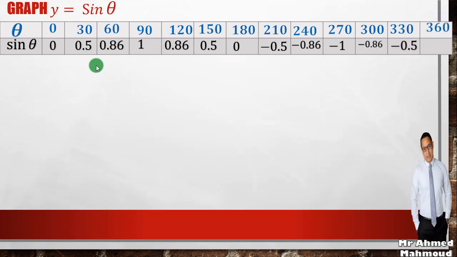Finally, 360, sine 360 is the same as sine 0, equal to 0.